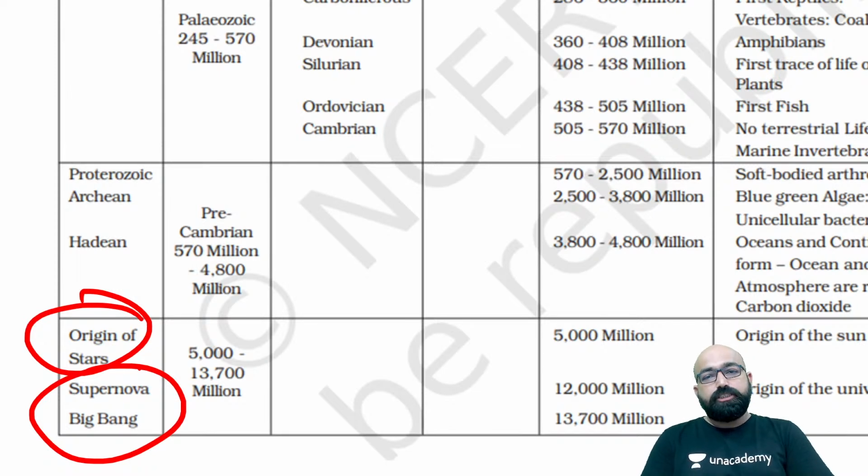So the age or years before present: Hadean 3,800 to 4,800 million, Archean 2,500 to 3,800 million years, whereas the Proterozoic eon is 570 to 2,500 million years. So this is the Precambrian.